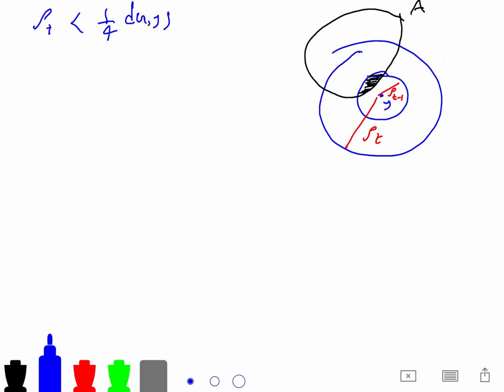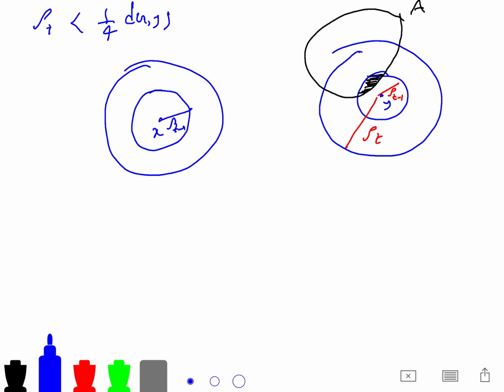And we have also another point x, and again we define rho_{t-1} and also rho_t, like this.